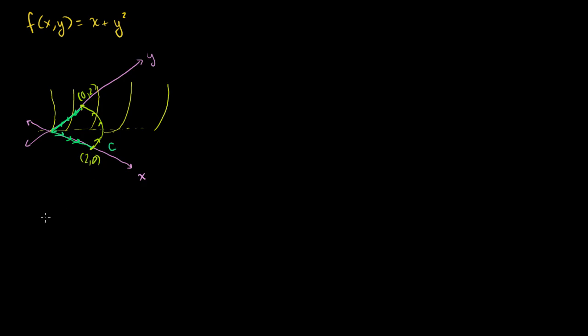And what I want to do is evaluate the surface area of essentially this little building that has the roof of f of xy is equal to x plus y squared, and I want to find the surface area of its walls. So you'll have this wall right here, whose base is the x-axis. Then you're going to have this wall, which is along the curve.